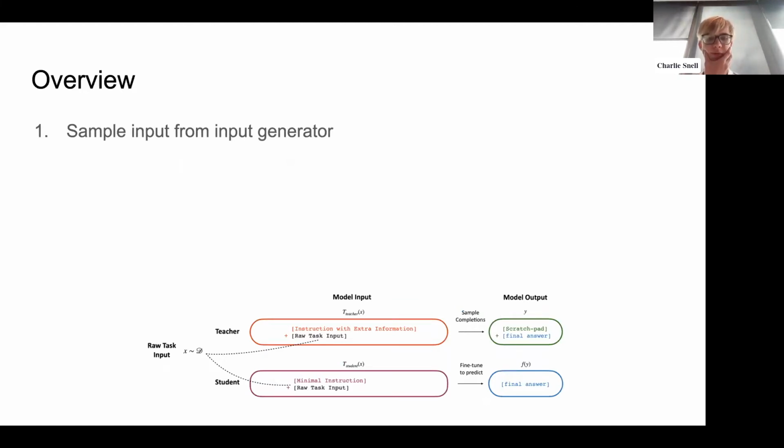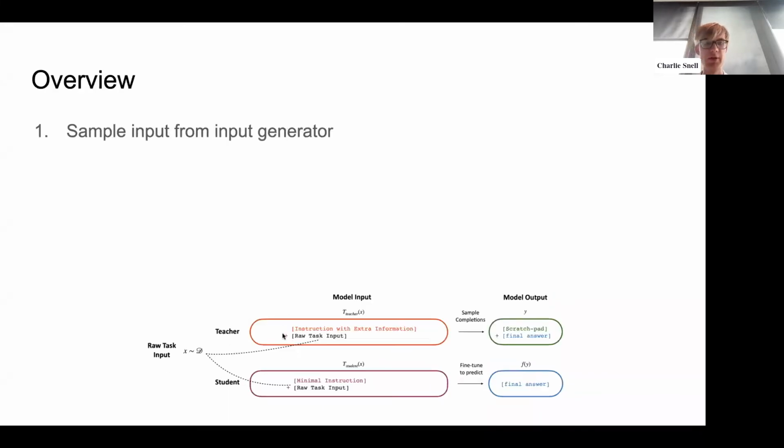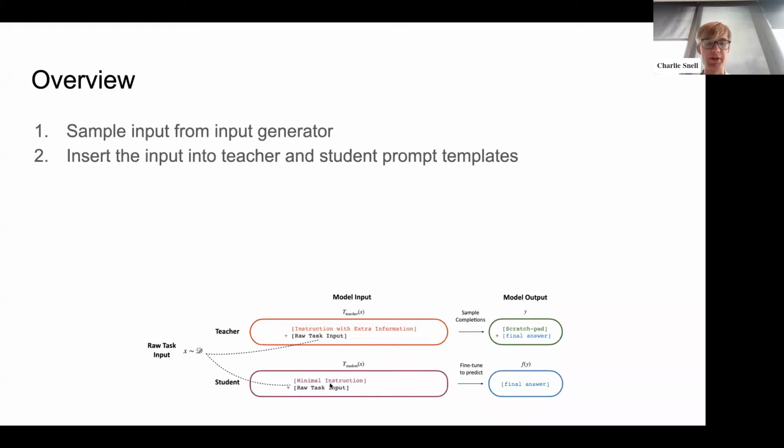To give a more detailed overview, there are a few steps in this process. The first is we're going to sample some input from the input generator. In this example, it was an addition problem. And that gets inserted into the teacher and student prompts. So you sample an input question and insert it into the prompts.